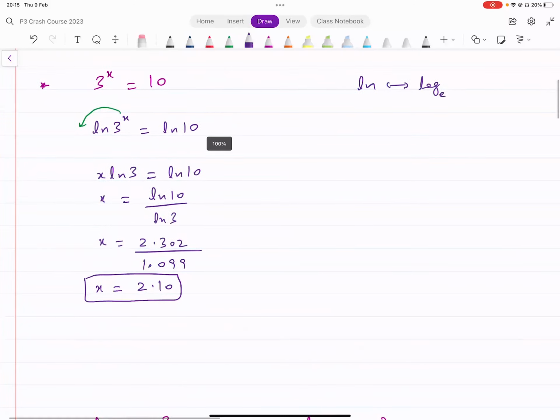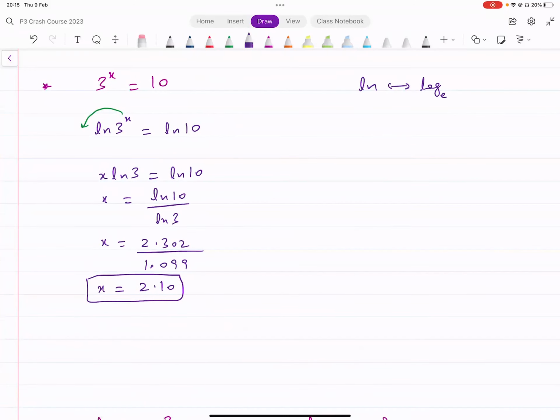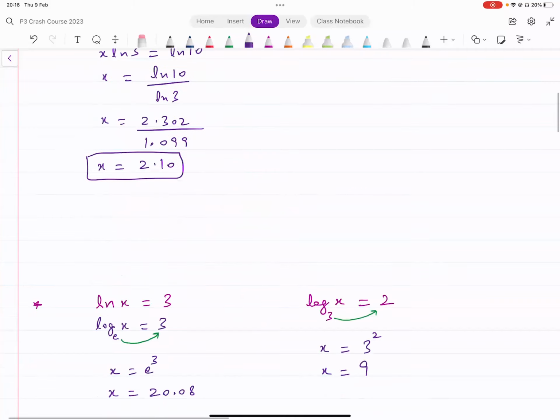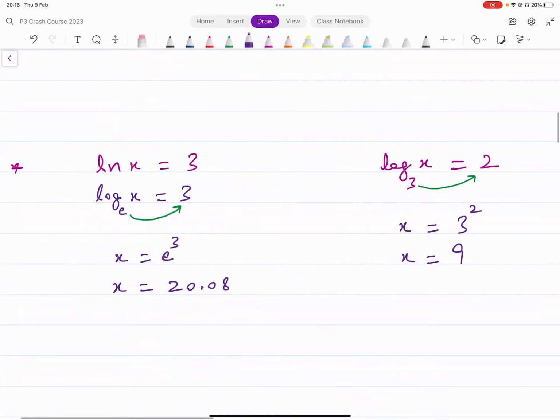We started from one simple example where we had 3 power x equals 10. We saw how to solve this one. We could just take log on both sides, and that gives us the result. Then we saw this one. When we have log on one side and a constant on the other side, you take the base of the log to the other side and make it the base of the number that you have on the other side, and then it converts to the index form.